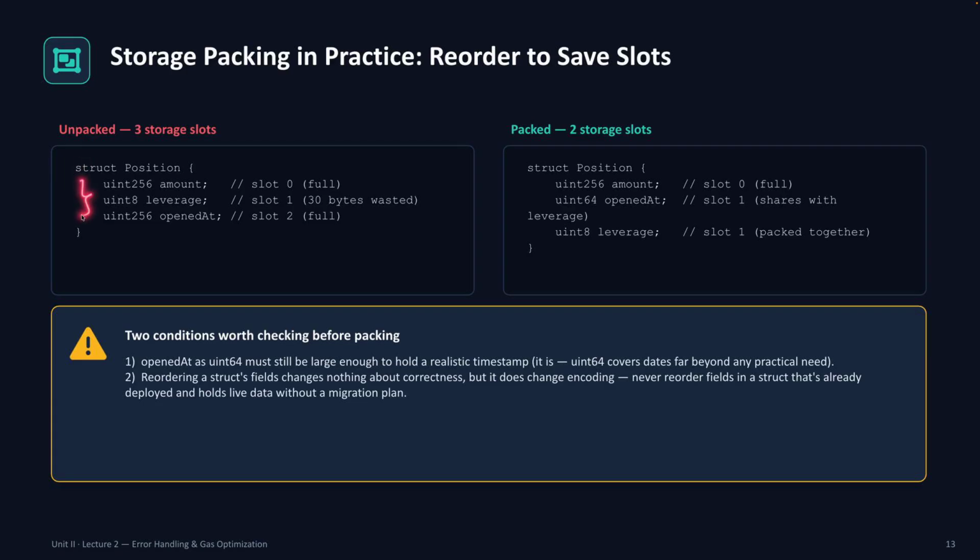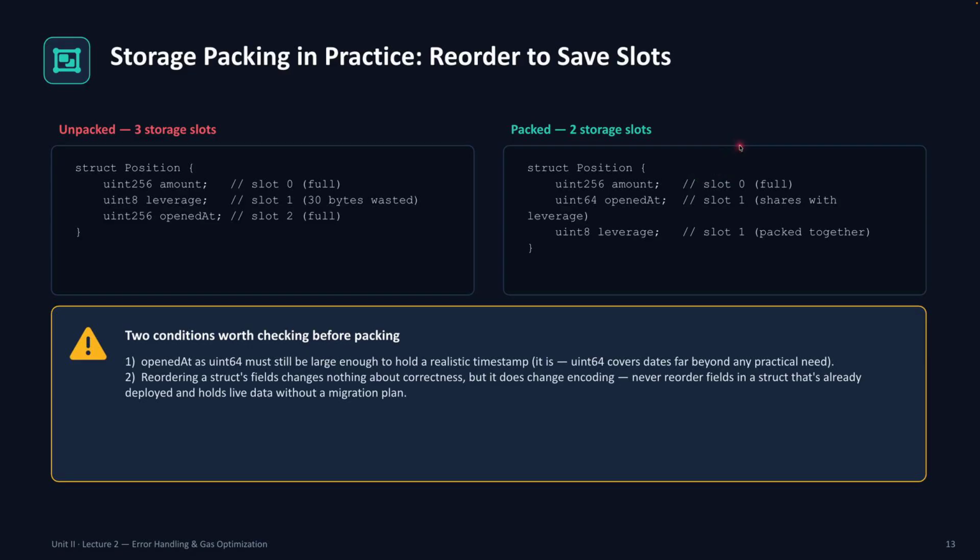Now let us have a look at how we can pack this together. We are using the same struct position. Since amount's type is uint256, it is anyway going to take the entire storage slot, so slot 0 is full.